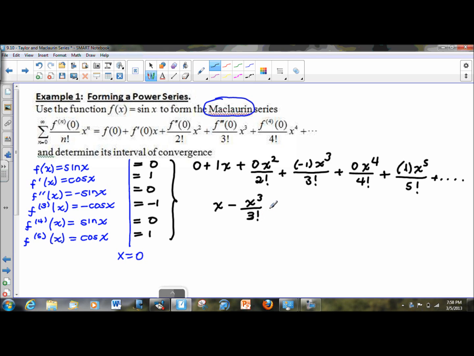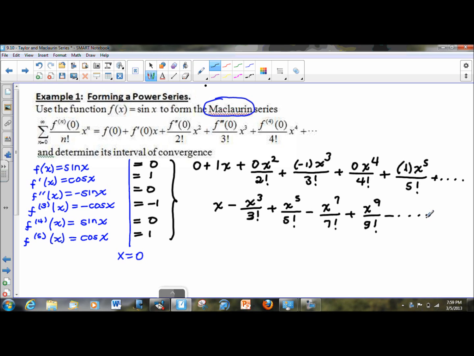And then we have our fifth degree term, x to the fifth over 5 factorial. And it's highly likely that you could probably guess the next couple of terms. Just by seeing the pattern here, the alternating sign taking over, the fact that our exponents of x are going to be odd, and that that exponent will match the factorial value in the bottom, it's a pretty safe bet that your next couple of terms might look like this.